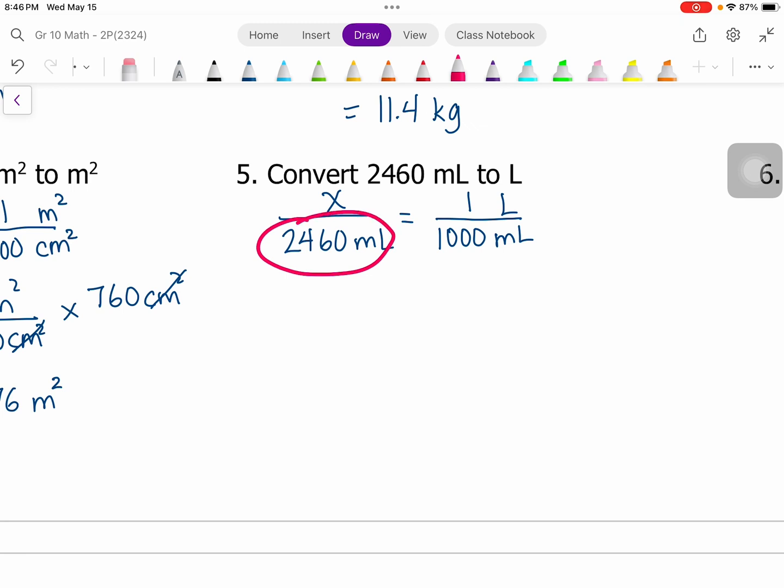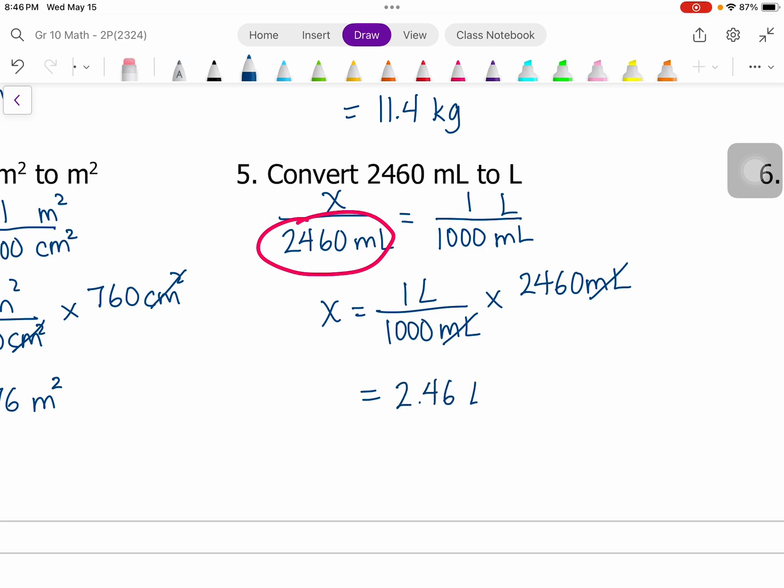So we'll move the 2,460. X is equal to 1 liter per 1,000 milliliters times 2,460 milliliters. Those units cancel. So we have 1 divided by 1,000 times 2,460, which is equal to 2.46 liters.